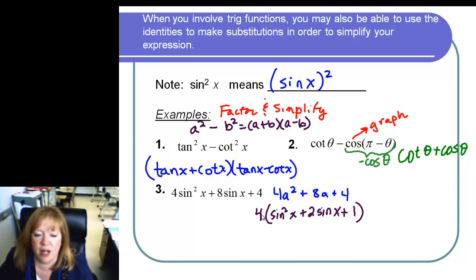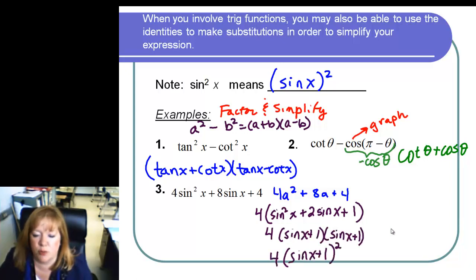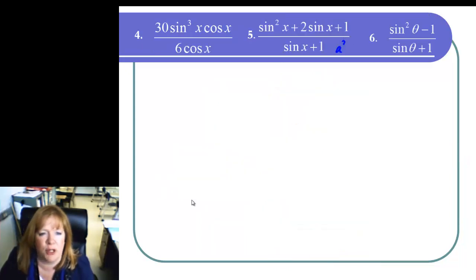If we factor out the 4, you'd have sine squared plus 2 sine plus 1. And this factors, as you know, as sine x plus 1 times sine x plus 1. Or you can write it as 4 times sine x plus 1 quantity squared. If somehow you can get in your brain that the whole big sine x is just like one letter, I think you'll catch on to it pretty quick.